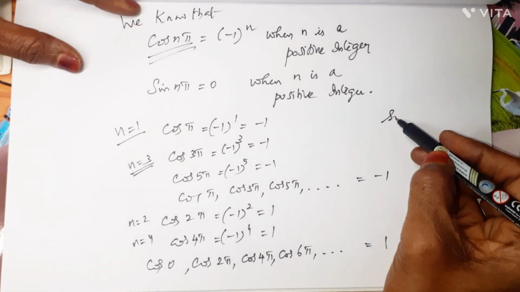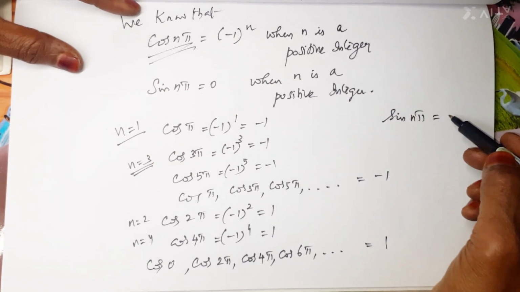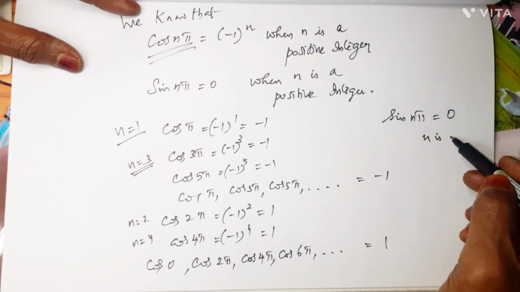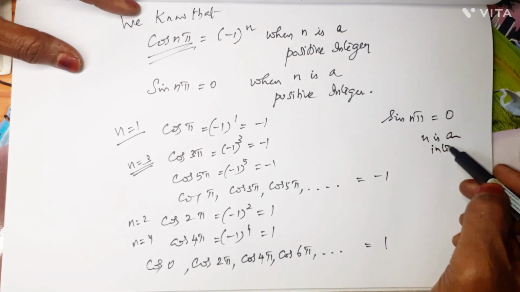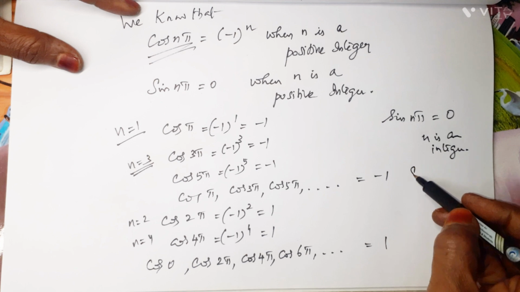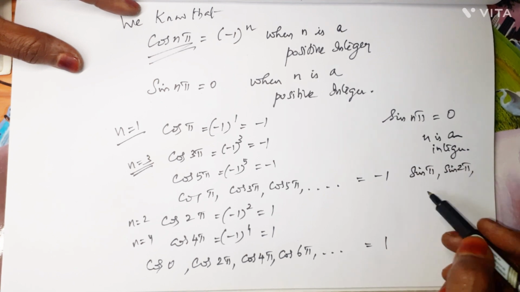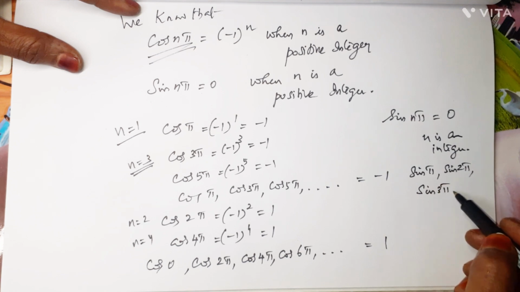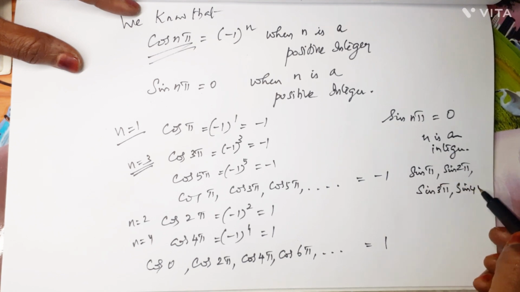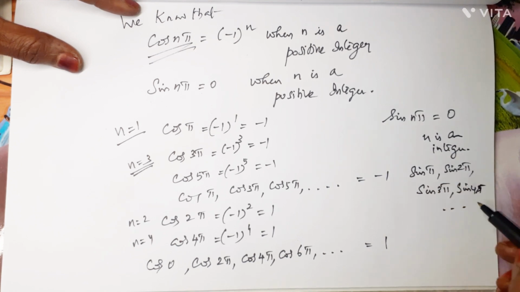But sin n pi is always 0 when n is an integer, only for integer values. That is sin pi, sin 2 pi, sin 3 pi, sin 4 pi, etc. Everything will take the value 0.